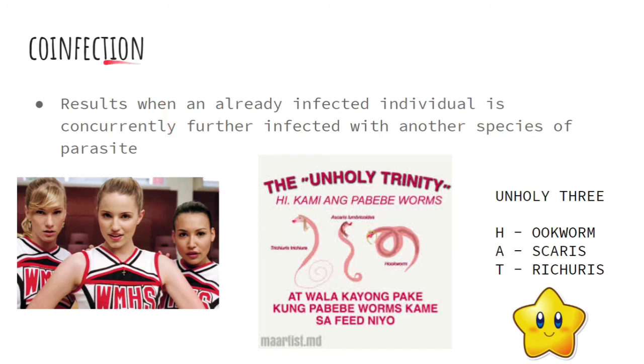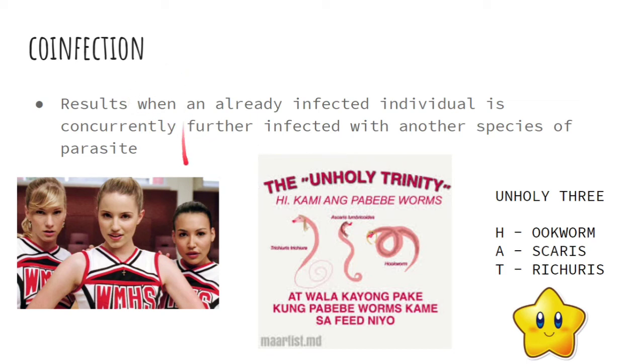Okay, so this is a different term. Iba po yung auto-infection sa co-infection. Co-infection results when an already infected individual is concurrently further infected with another species of parasite. So, eto, meron ka na ngang sakit, may isa ka na ngang parasite, nagkaroon ka pa ng another species. So, that is co-infection.